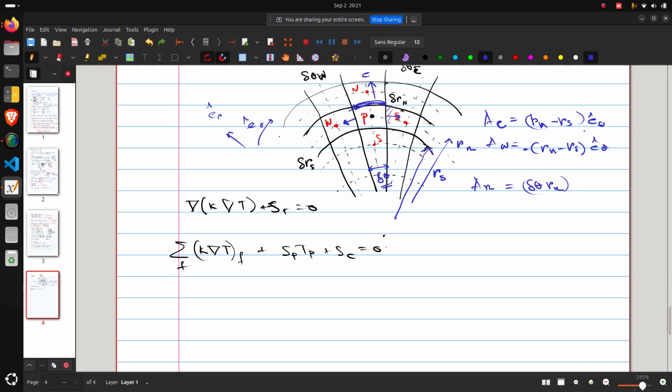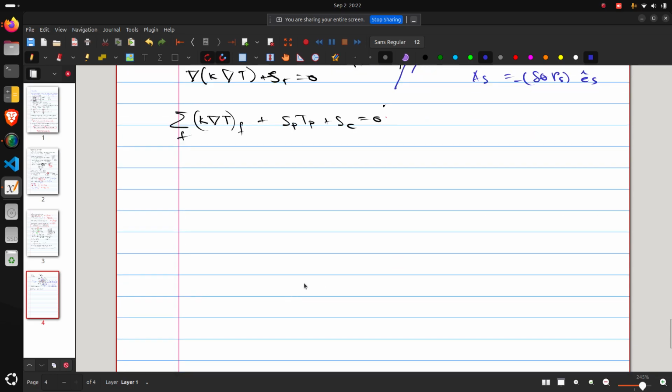It will be in the positive ER direction, right? So ER cap, and A south will be nothing but delta theta R small s ER, with a negative sign, because the area vector is pointing towards the downward direction, right? Now that we have all the directions, what is the gradient in the polar coordinate, right?